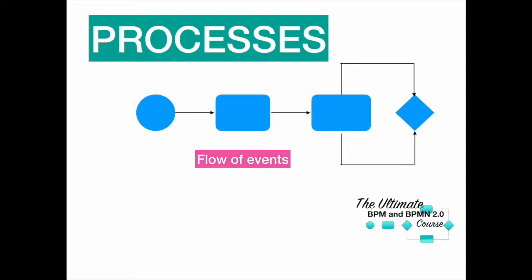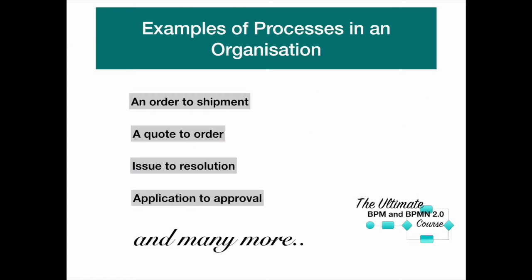Every organization has to manage various different processes. For example, an order to shipment, a quote to order, an issue to resolution, an application to approval. Amongst others, these are all various different types of processes that take place in an organization.